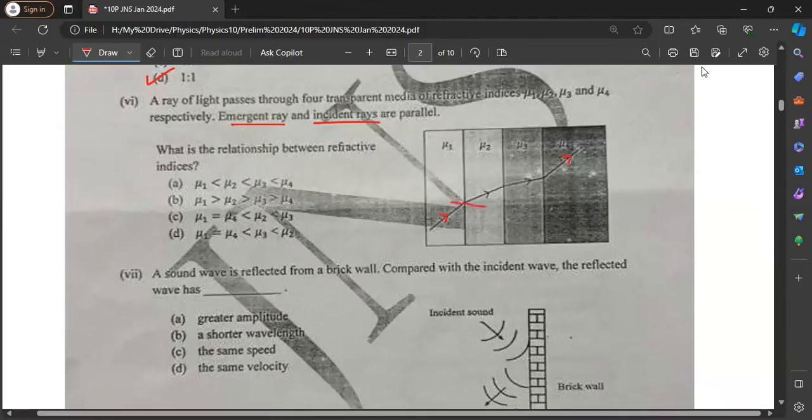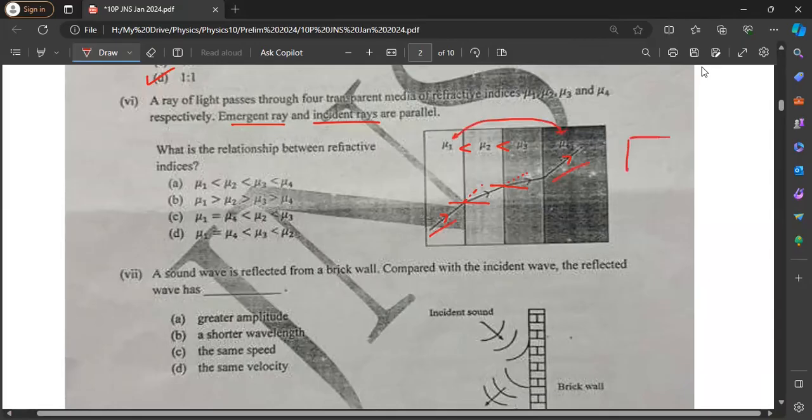First of all, if I draw a normal over here, I can see that the ray of light is bending towards the normal. So what does this tell me? That mu2 is greater than mu1. If it is going into a denser medium, it will bend toward the normal. In this as well, you can see that the light is bending. So therefore, this is greater. Now, the fact that the light is going parallel over here means those two are equal.